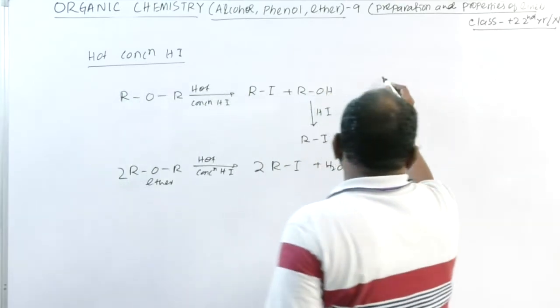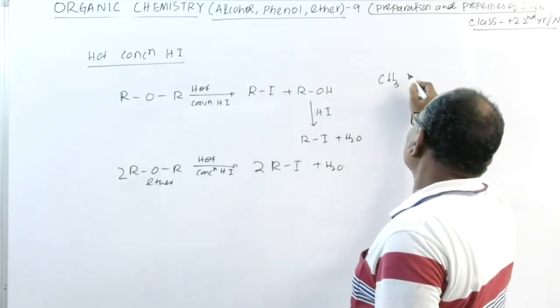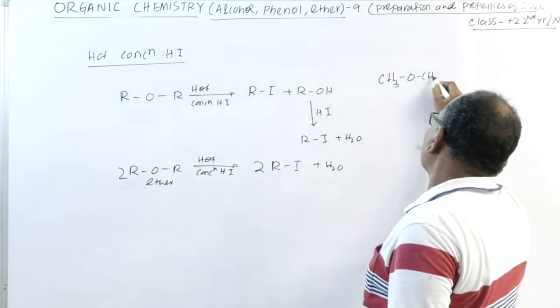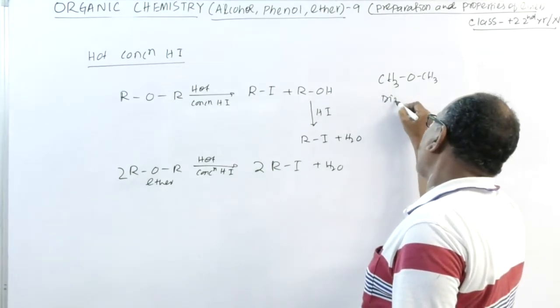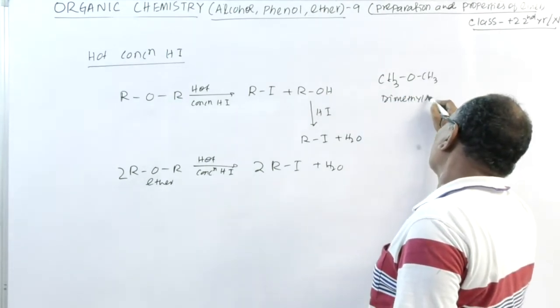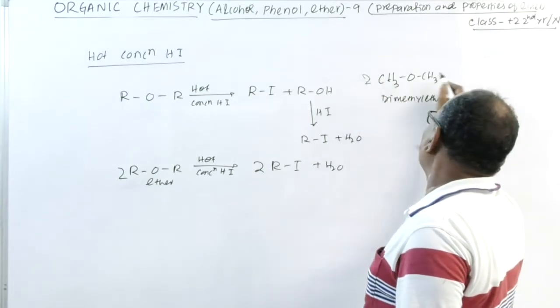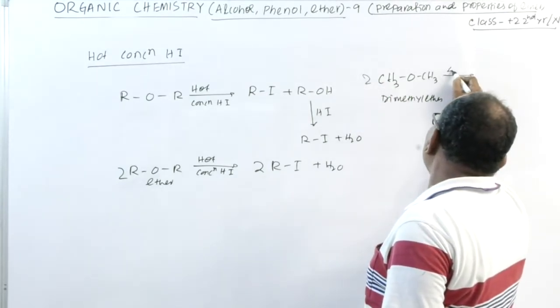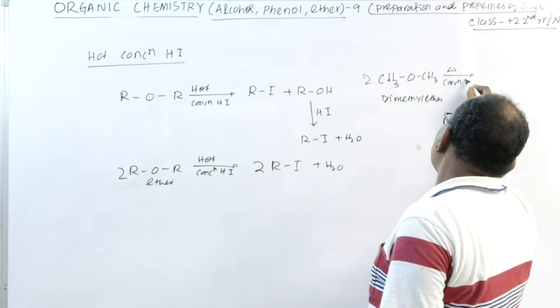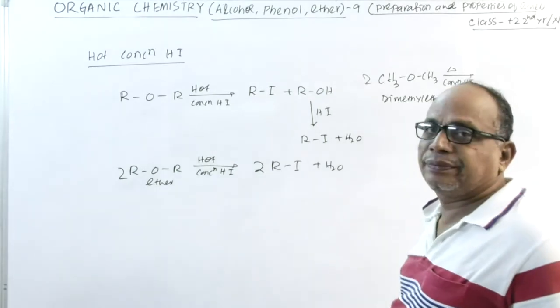So suppose I take dimethyl ether, two molecules, and heat with concentrated HI. What does it give?